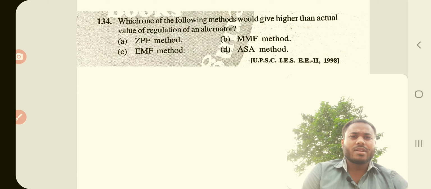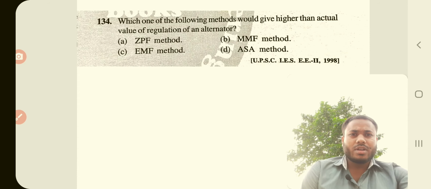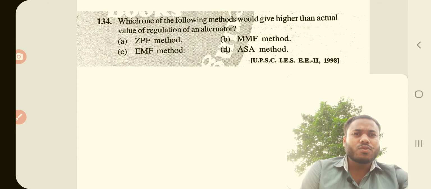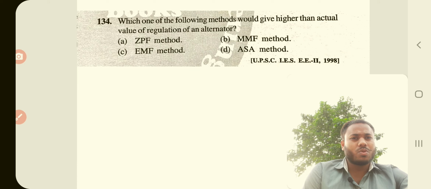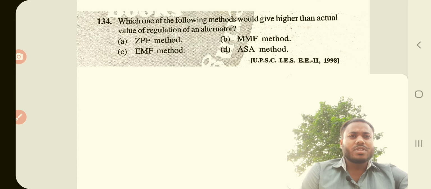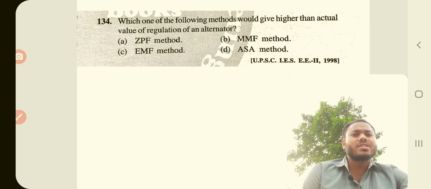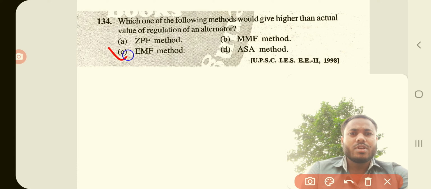So here the right answer will be the EMF method. It gives a higher value than the actual. If the actual value is, suppose, 220, then the value will be like 240. That means it increases the actual value. That's why the right answer will be EMF.